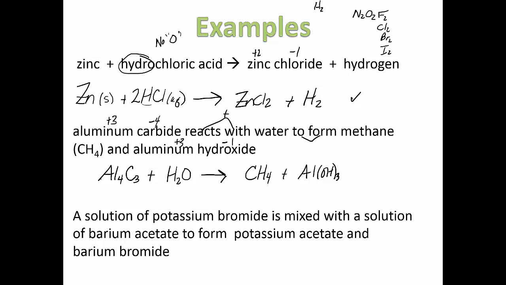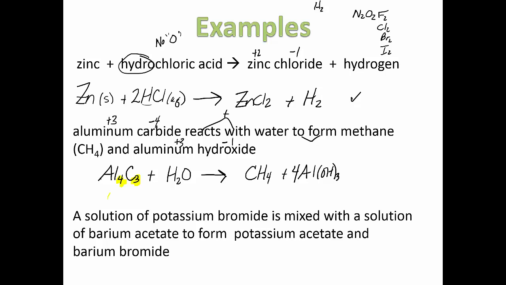Okay, another place to start. I start with the most complicated. What that means is something with the highest subscripts. Look at this, with the highest subscripts. Those are pretty high as I'm looking at that. So I'm going to try to fix that first. So 4 aluminums, I'm going to come over here and put 4 aluminums.